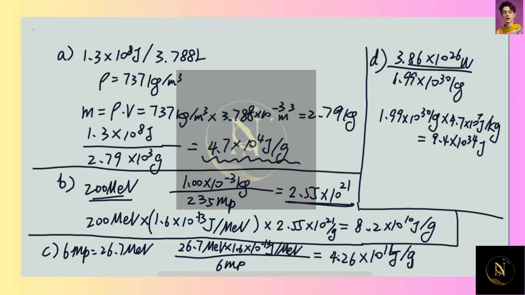So if we want to know the total amount of time that it can last, time equals energy over power. So the energy is 9.4 times 10 to the 34 joule. Power is 3.86 times 10 to the 26 watt. If we do this, we'll find the total time to be 2.4 times 10 to the 11th second, or 7,600 years.